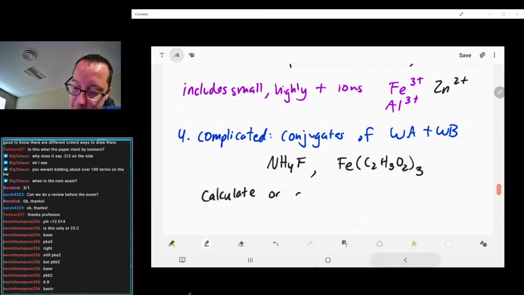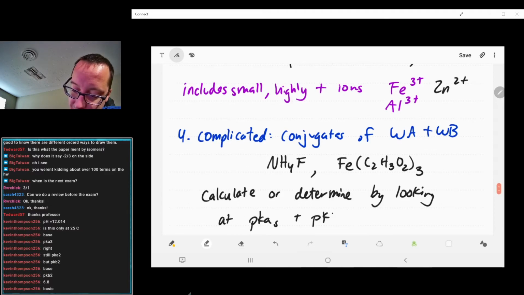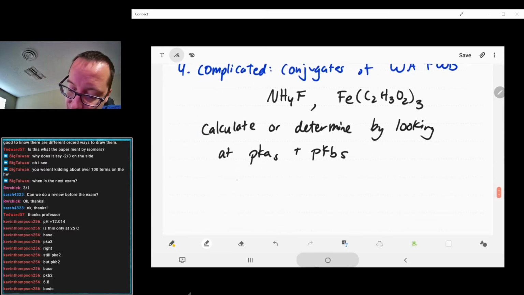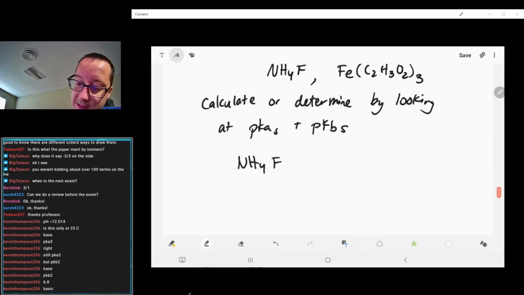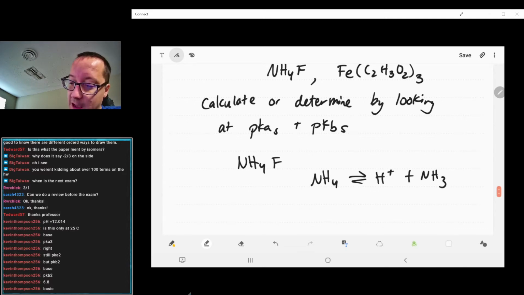or determine by looking at pKa's and pKb's. So if we look at ammonium fluoride, for example, we know that this could act as an acid, and we would have a pKa for this, which I think we saw was 9.25?